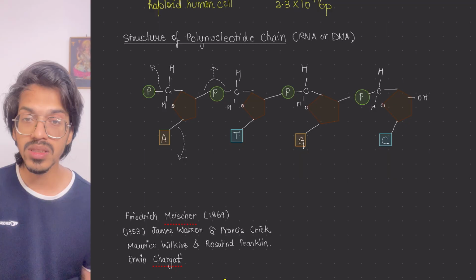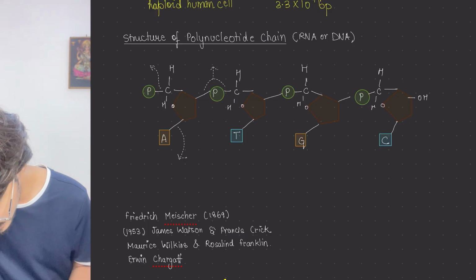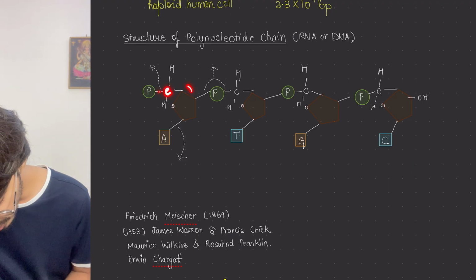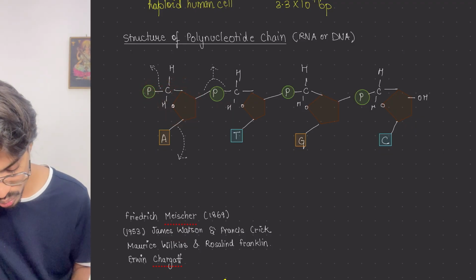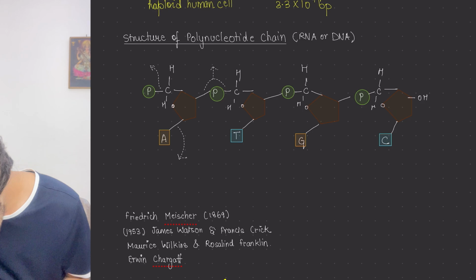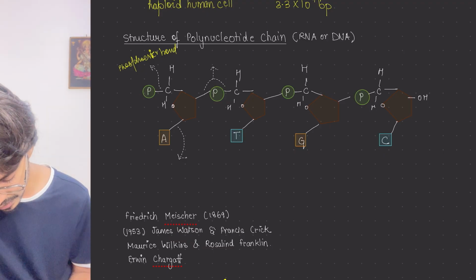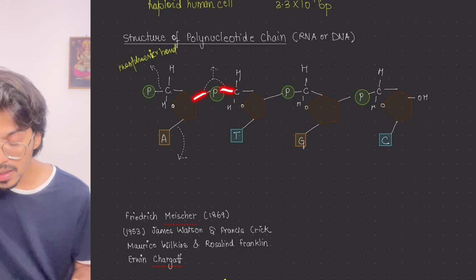So we have to remember certain bonds and things which are present over here. This is a carbon of the sugar, and it is making a bond with the phosphorus. This bond is called a phosphoester bond. Then the next bond is present between this and this; can you see that this is also a phosphoester bond? Similarly, it is making a bond with this carbon also.